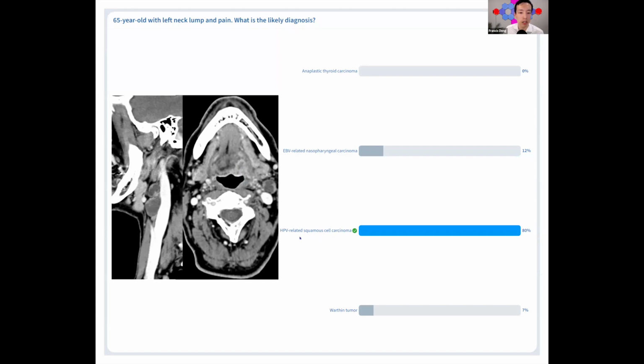HPV-related oropharyngeal squamous cell carcinoma would be the most likely answer. Certainly, this is not pathognomonic by imaging, but it is most likely and would require appropriate histological workup. Less common in this country and in this location would be EBV-related nasopharyngeal carcinoma. I'm not showing you the nasopharynx, I'm showing you the oropharynx, the base of tongue. So that would be oropharyngeal carcinoma, which is predominantly HPV-related.